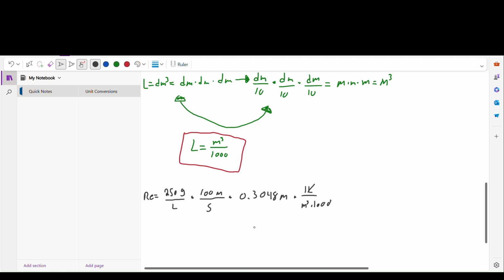This liter is going to cross out with this liter, and while I'm at it, every time I do a unit conversion in the middle of the big Reynolds calculation, I'm going to go ahead and do this. There you go. Bam. And all of this is just the numerator.